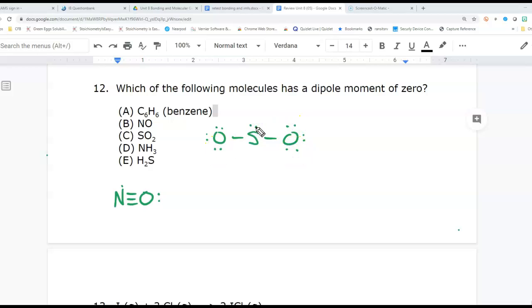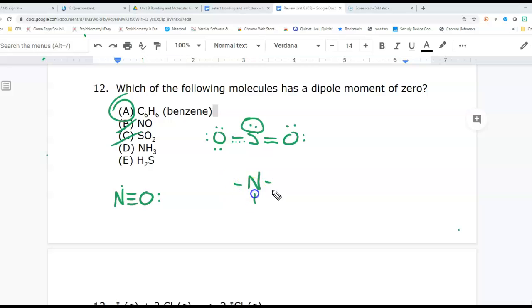So if I did that, I would go, okay, that's 16 electrons, but I don't have a completed octet. So I would need to have a resonance structure here. So I would end up with a double bond on this side and a single bond, or a resonating structure, on this side. But because of that lone pair of electrons, that one also has a dipole. So we get to cross those out. We've already established A is our correct answer.